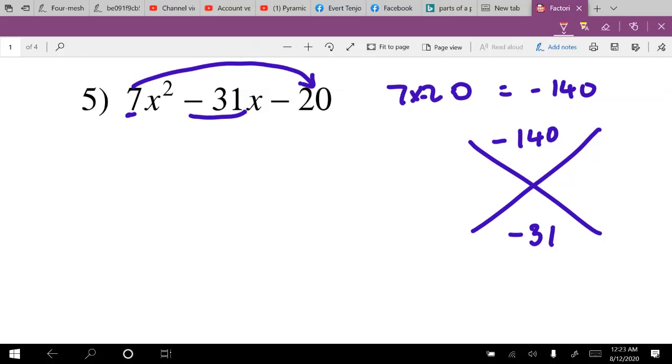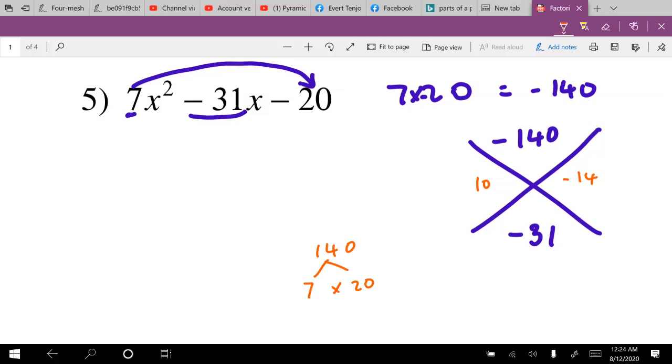So let's try. We know 10 times negative 14 will give us 140. But if we add these two numbers, are we going to get negative 31? No. We'll try something else. Let's say 140 could be 7 times 20.